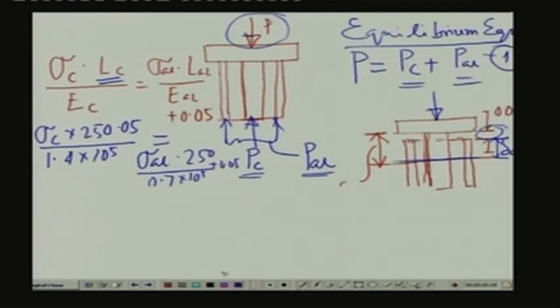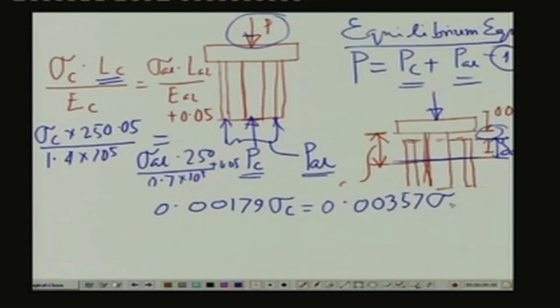Now, if we compute, this comes as 0.00179 times sigma C is equal to 0.00357 sigma aluminum plus 0.05, or sigma C is equal to 1.995 times sigma aluminum plus 27.93.